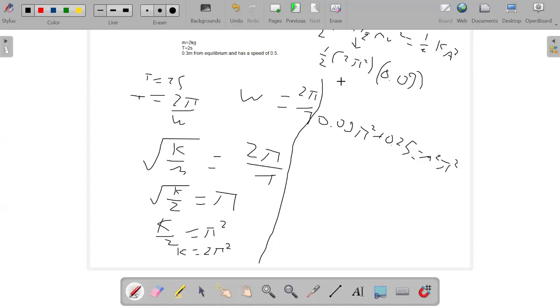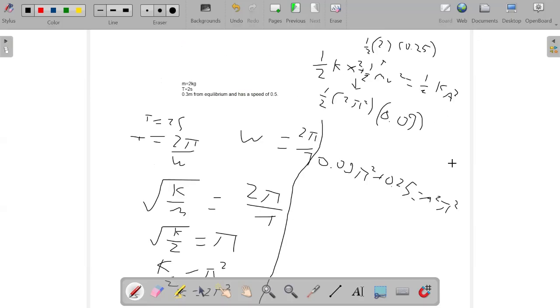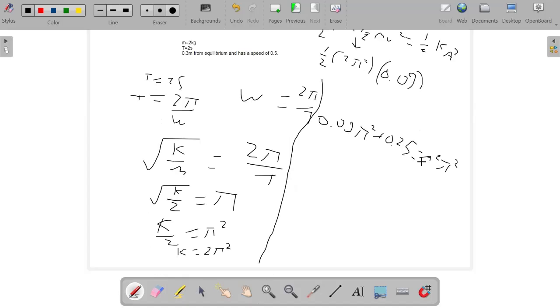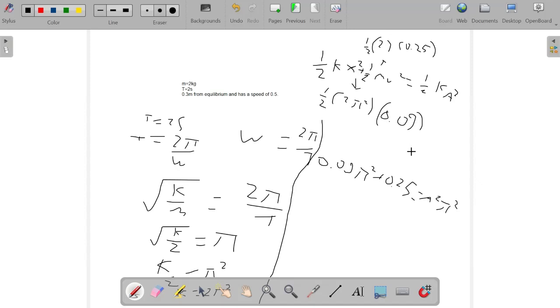Now it's just a matter of solving this algebraically. Just divide both sides by pi squared and then take the square root of both sides, and then boom, you have that. You should get that A is about 0.34. So that means the amplitude of the block's motion is 0.34 meters.